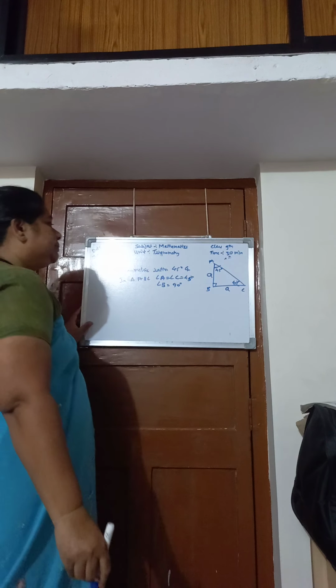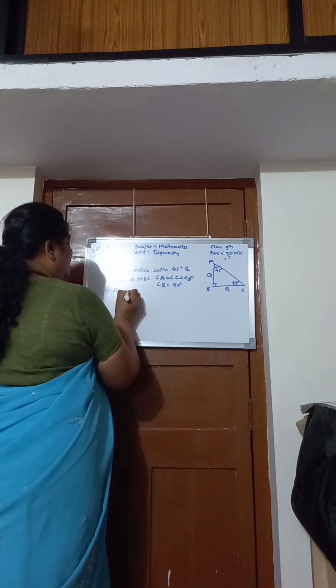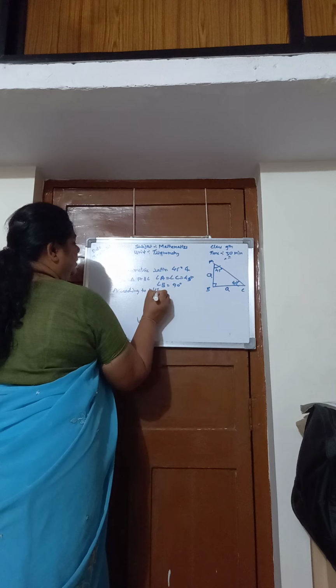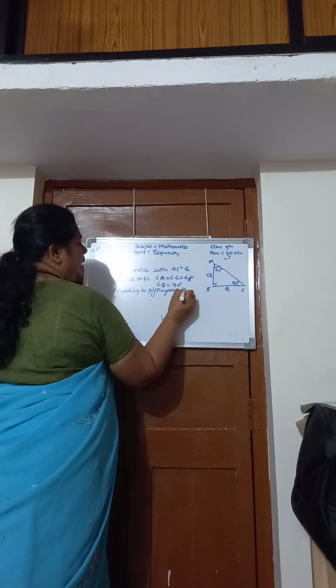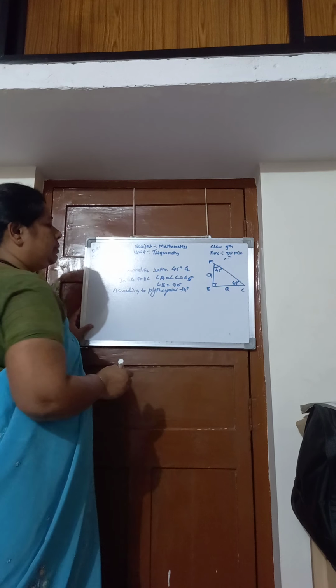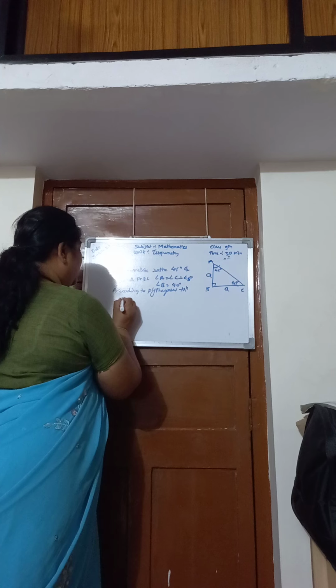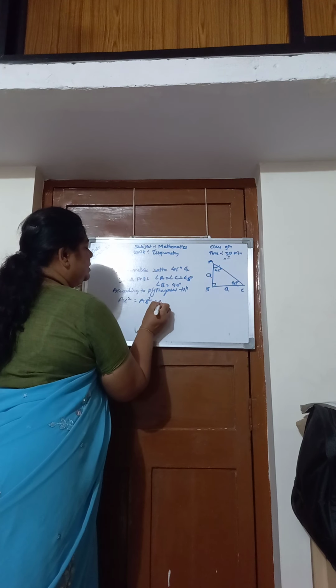Apply the Pythagoras theorem. According to the Pythagoras theorem, AC square is equal to AB square plus BC square.